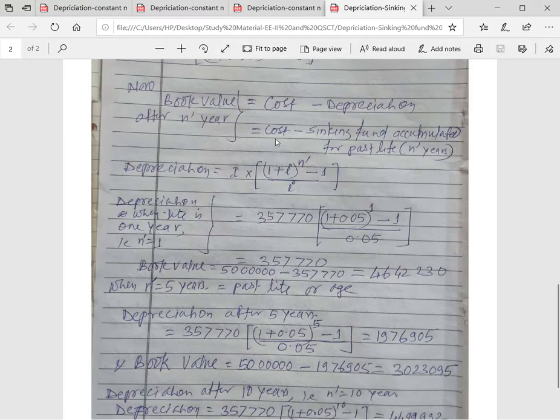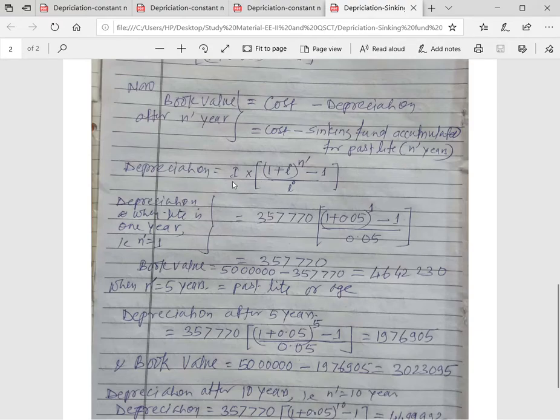In this method, the book value or the value of the property will be obtained as cost minus sinking fund accumulated for the past n dash years. This amount of sinking fund accumulated includes the interest on the yearly deposit, and that is considered as the total depreciation for the past life years, in this case n dash years.